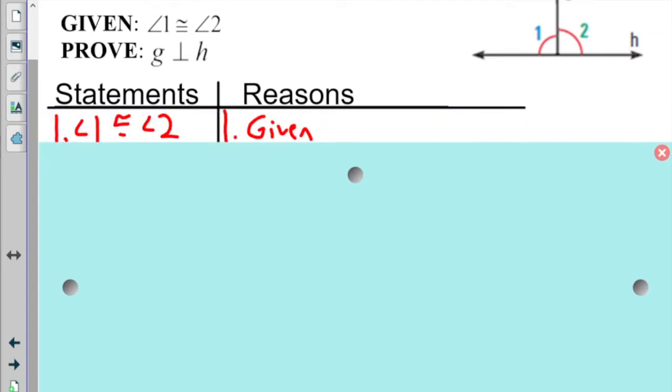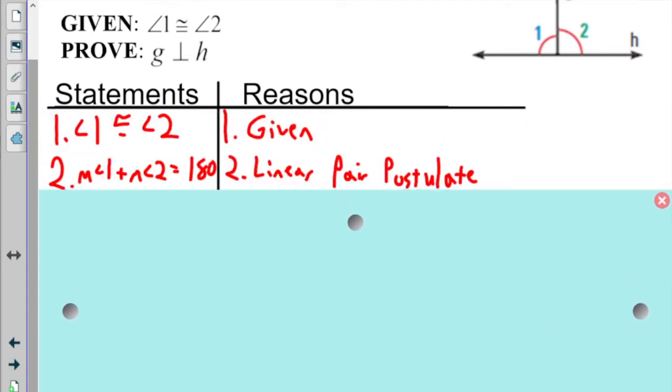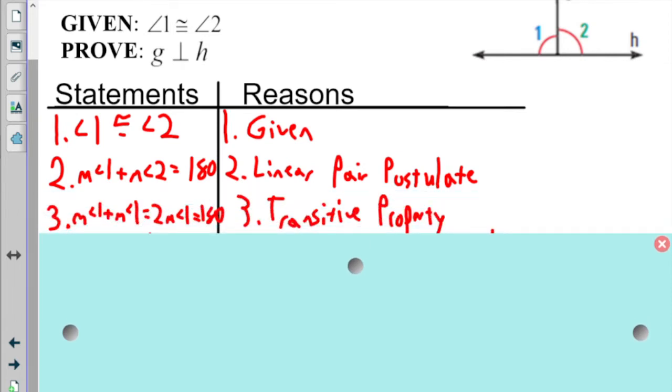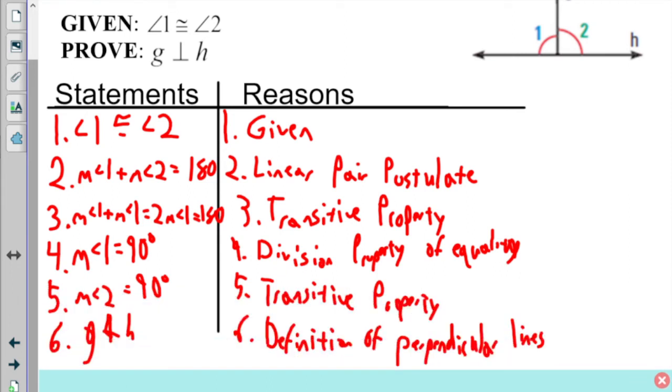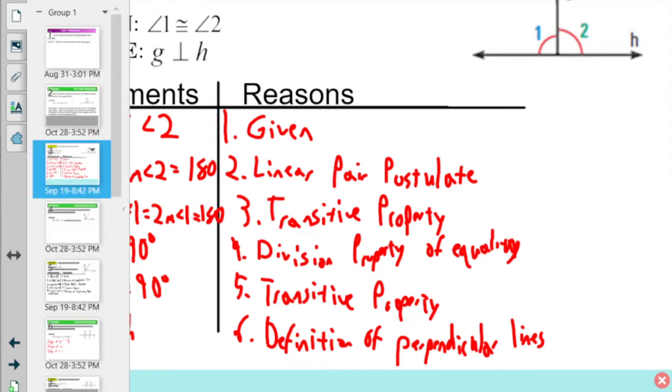If the angles are congruent, that means we also know that they add to 180 because they're a linear pair. Well, if we know that, then if they're the same, that means I can double one of the angles to get 180. Solve, we get the angle to be 90, which means the other angle is 90, which means they're perpendicular. Same argument, just laid out in a different way.